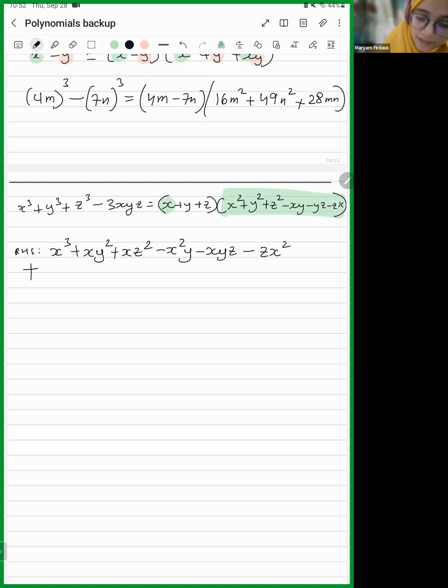Plus now the same thing, just multiply it with y. So multiply with the first term, second term, third term, and so on.